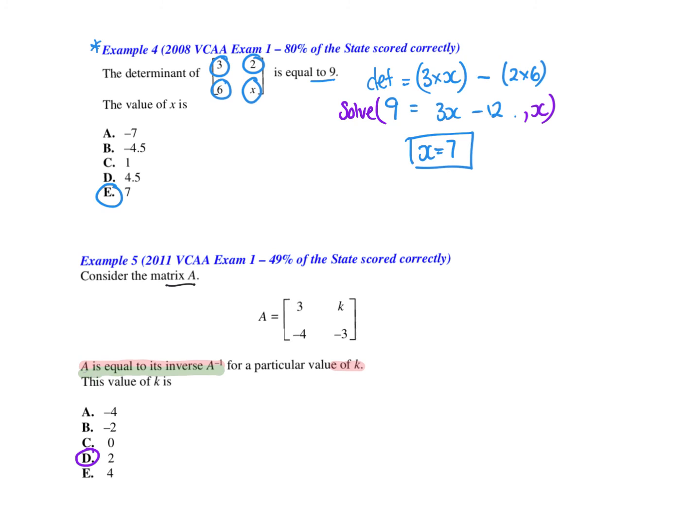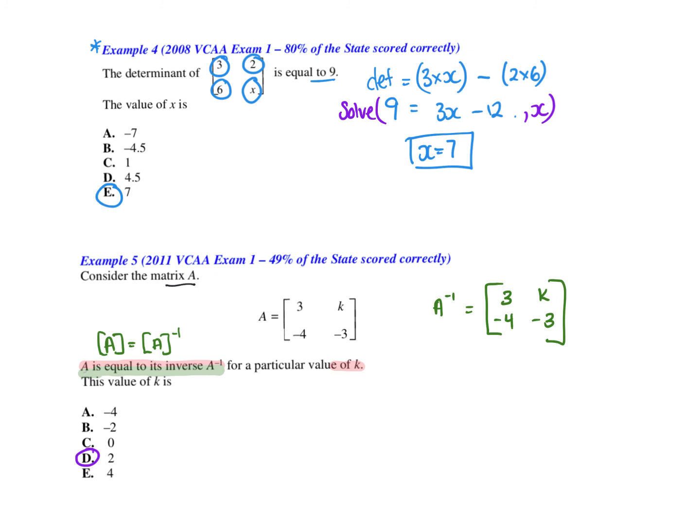So if this is A, then its inverse is exactly the same because they're saying they're equal. So it means the inverse looks exactly the same, because that's the only way that matrices are equal, is if they look exactly the same.